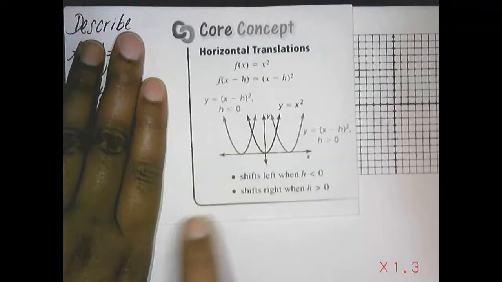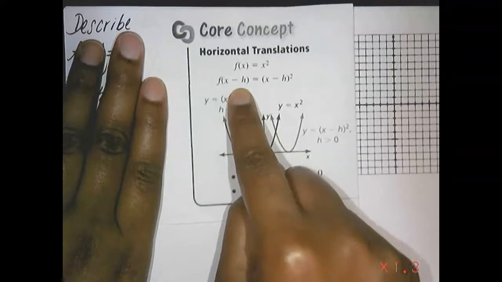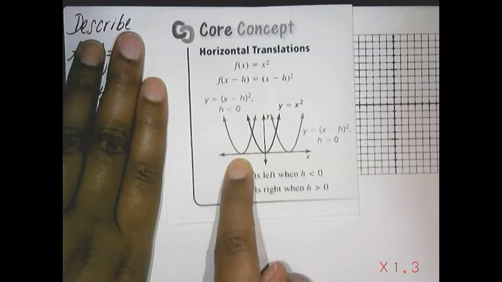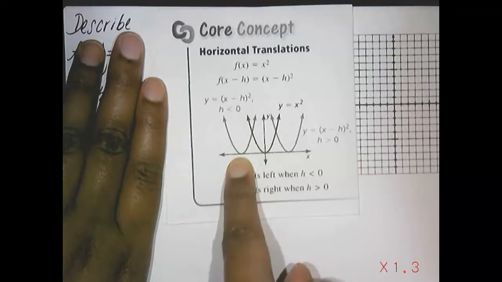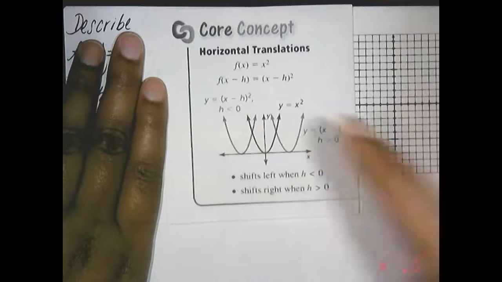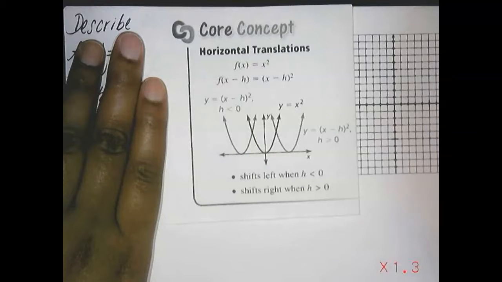But I want you to keep in mind that there's a negative built in here. So even though this graph shifts to the left, that would look like x minus 5 or something like that. Then what we would expect to happen is the opposite. h in that case is going to be the actual 5, and so we would move to the right.